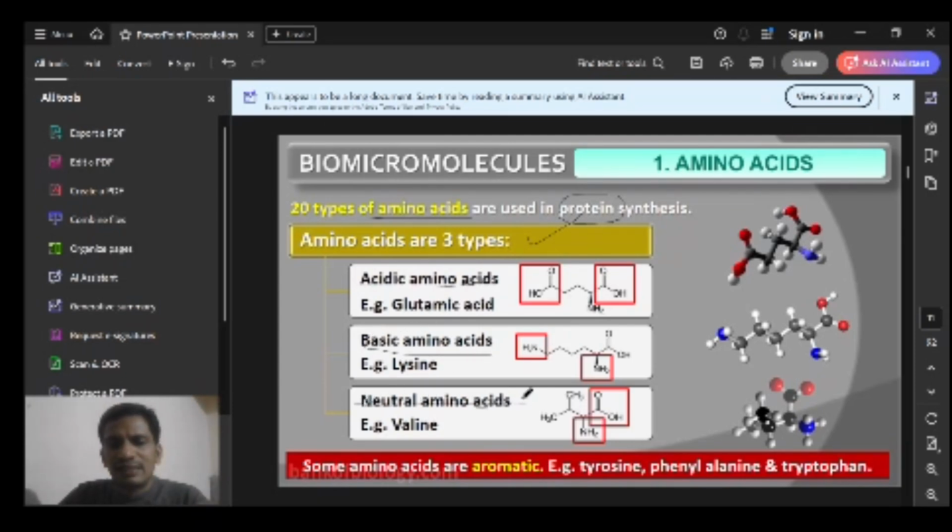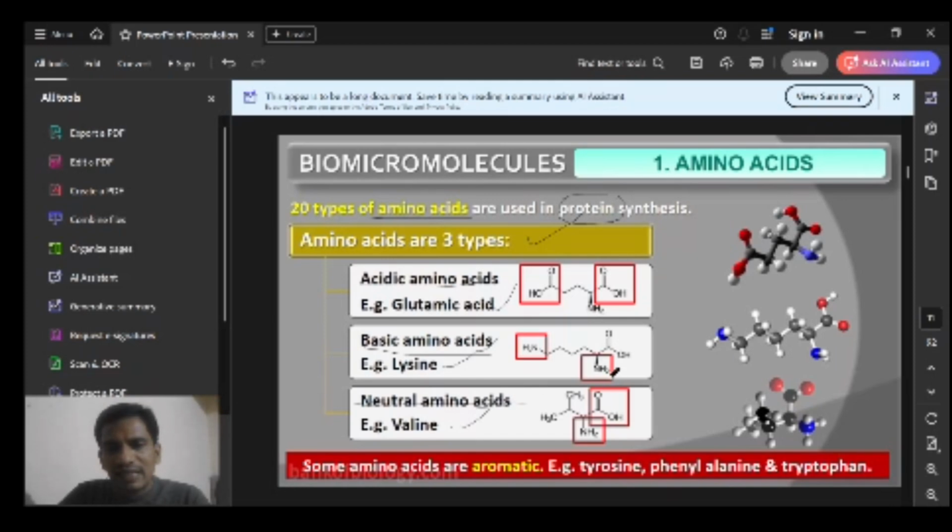Examples are very important. An example of an acidic amino acid is glutamic acid, a basic amino acid is lysine, and a neutral amino acid is valine. This is valine, this is lysine, this is glutamic acid.